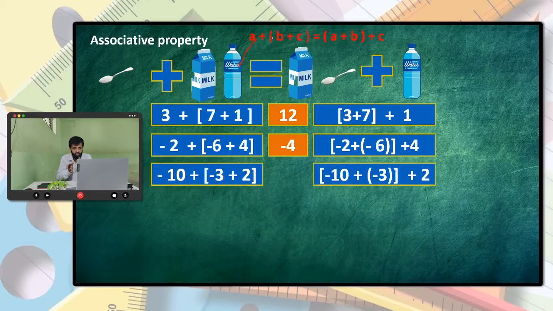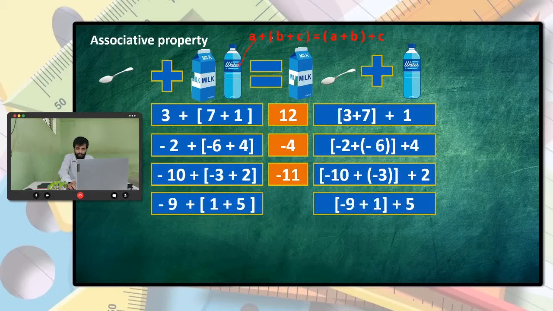So negative 3 plus 2 will give me negative 1, because with different signs we subtract. So 3 minus 2 is 1, with the sign of the greater number, which is minus 1. So minus 10 plus minus 1 is going to give me minus 11. In the same way, for the other grouping, minus 10 plus minus 3 becomes minus 13, plus 2 will give me negative 11.